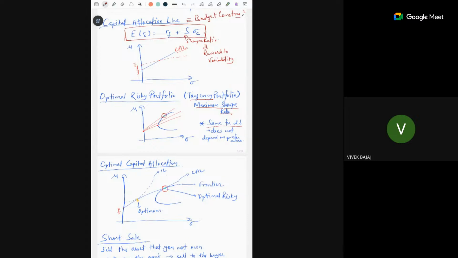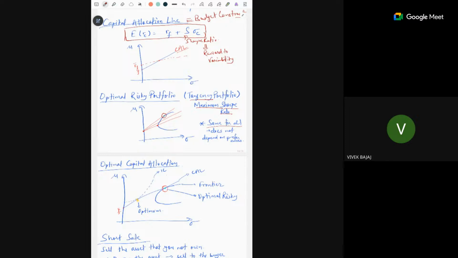And this is the basic concept behind the working of the mutual fund industry, because they try to find this optimal risky portfolio, and they know that it will be the same. So they invest on behalf of all the mutual fund investors, using this concept that the optimal risky portfolio will be the same for all.